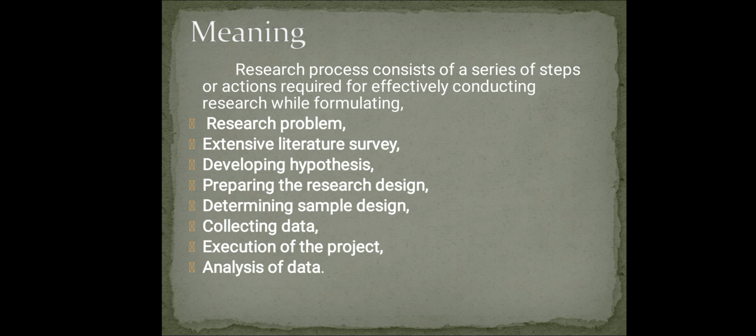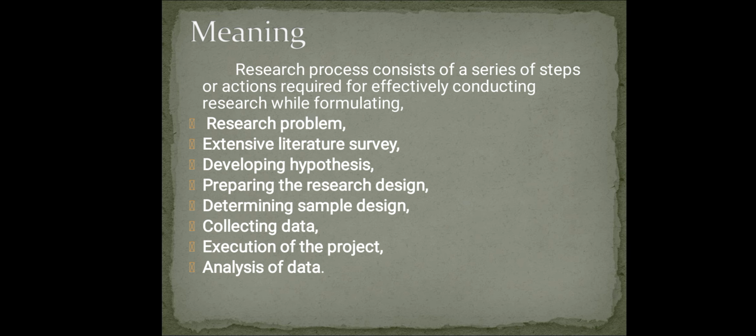So, the research process starts with the problem, and after the research problem has been identified, a literature survey, the previous literature work done by the people, has to be studied by the researcher. Based upon those things, he has to develop the hypothesis.